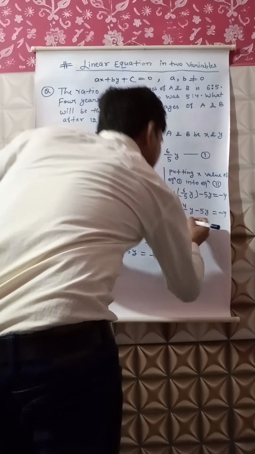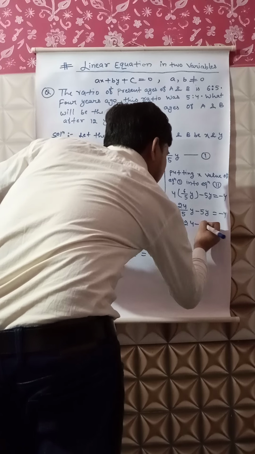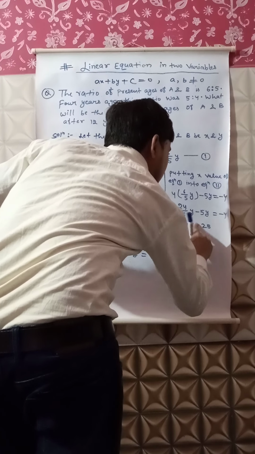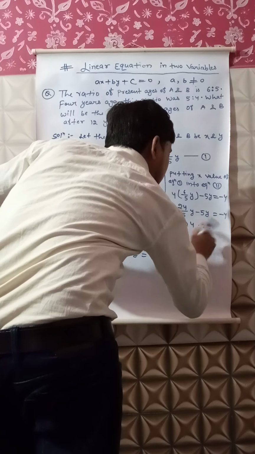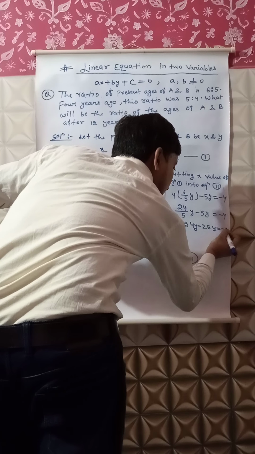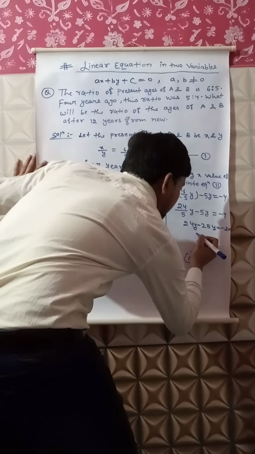So what will be 24 minus 5 into 5, 25, y, 25y is equal to 4 into minus 5, minus 20. So this is minus y is equal to minus 20. So y is 20. Here the y value is calculated.